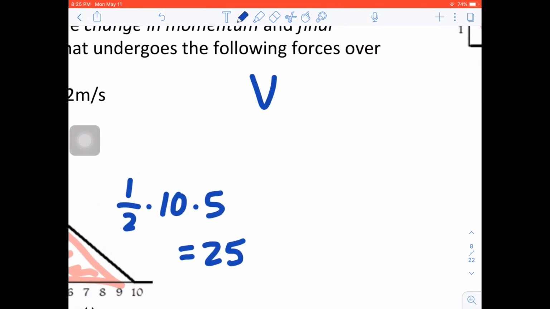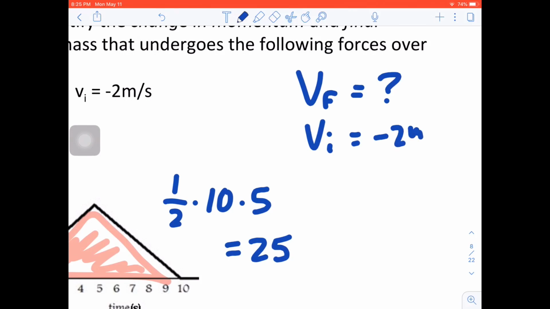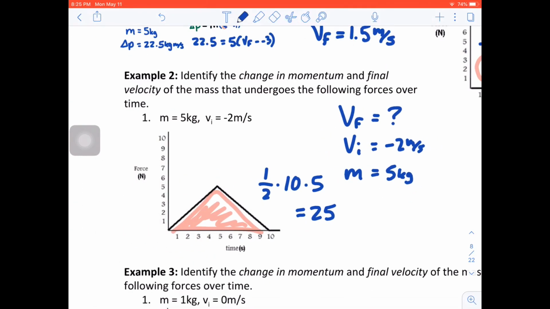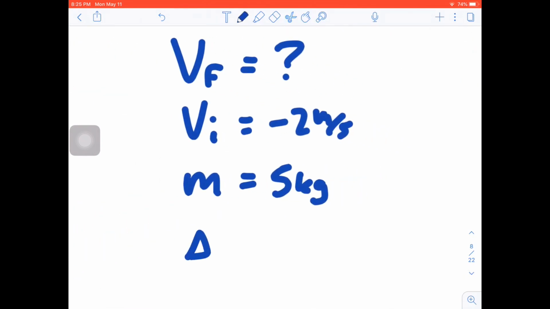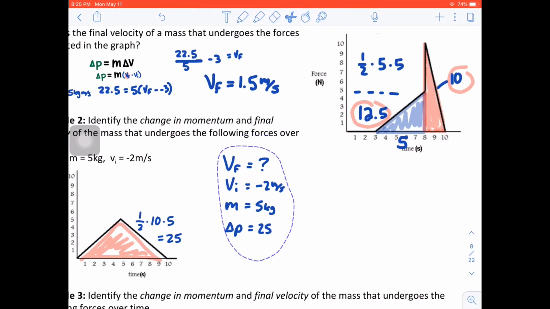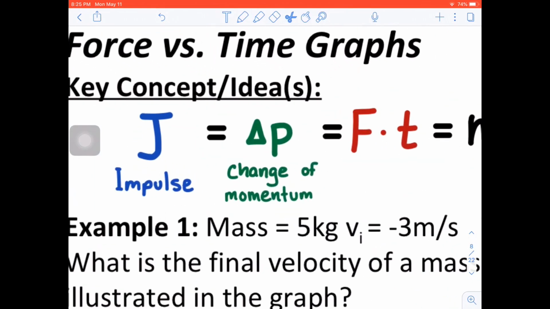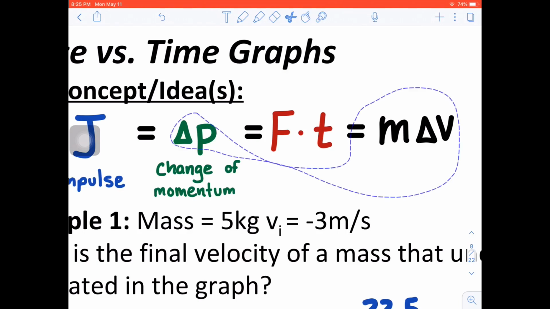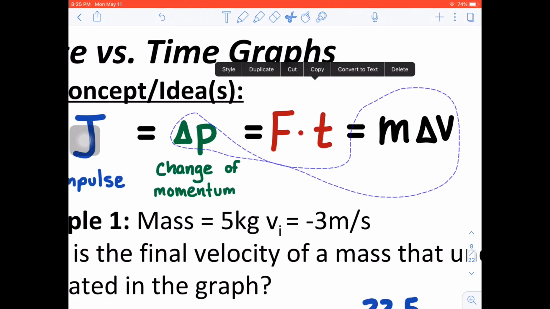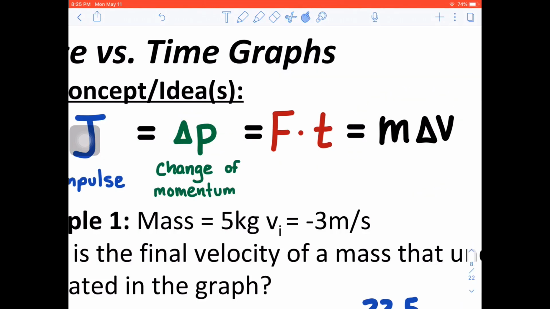How are we going to get final velocity from that? Well, they gave us initial velocity was -2 meters per second. They gave us the mass was 5 kilograms. And now we know the change of momentum from solving for the area. We know that is equal to 25. So just like before, we can consult this formula up here. We know that the change of momentum has to equal mass times change of velocity. So let's use that.